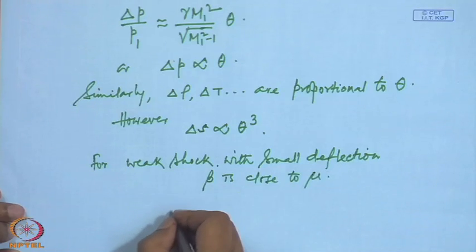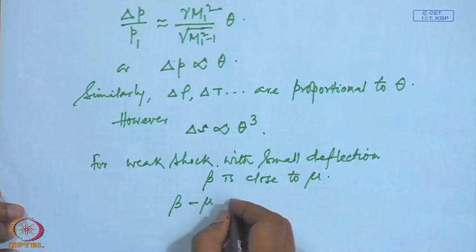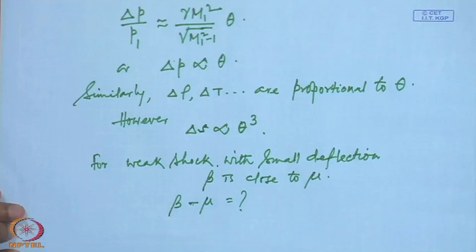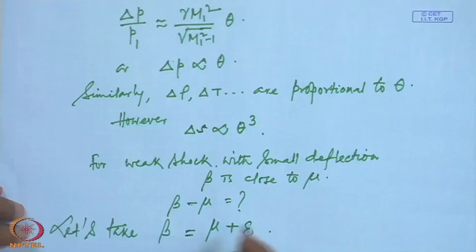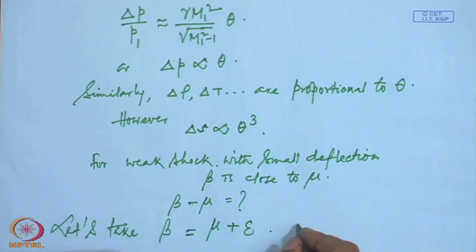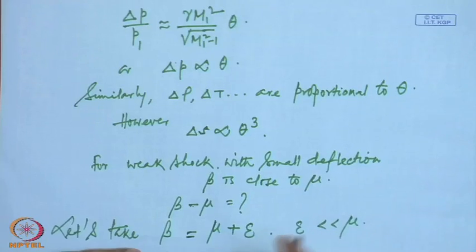However, what is the difference between beta and mu? Let us say beta equals mu plus epsilon, where epsilon is quite small and is much smaller than the Mach angle mu.